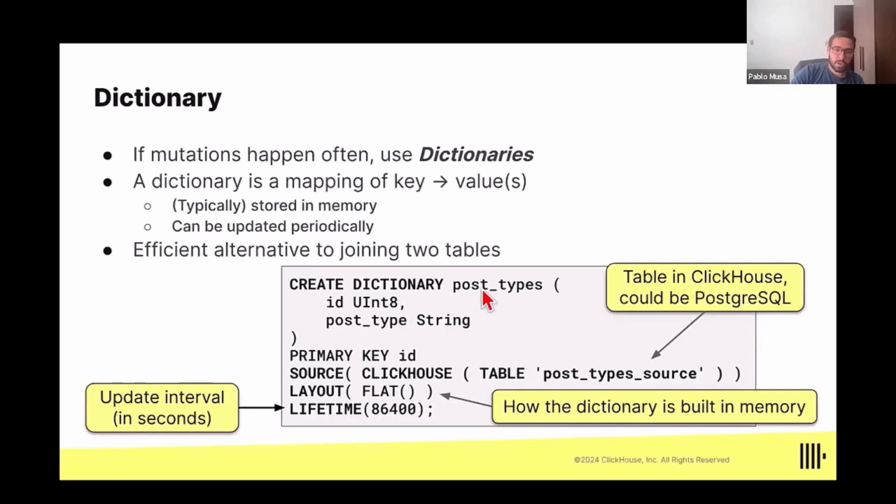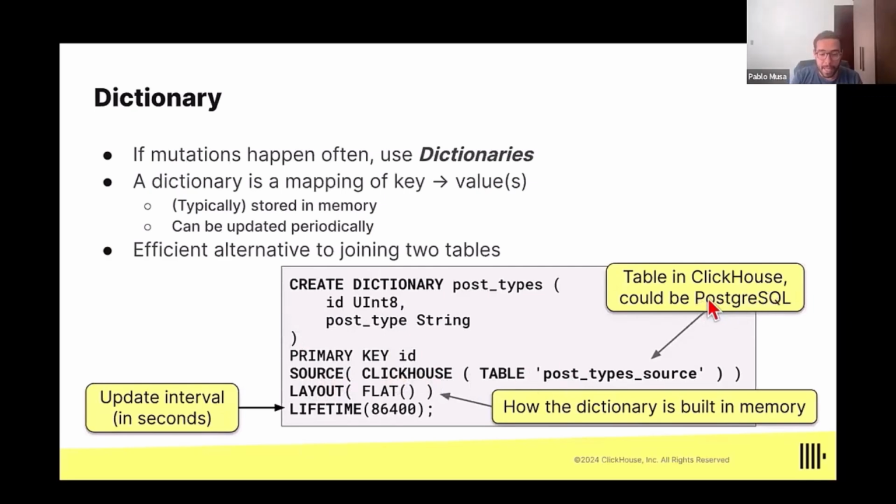So here's a create dictionary with the post types, an ID, that's the key, that's the value, the post type as a string. In this case, the primary key is the ID. That's the lookup. Notice this is a dictionary. It works different. It's all in memory. The source can be either ClickHouse as a table or a Postgres.